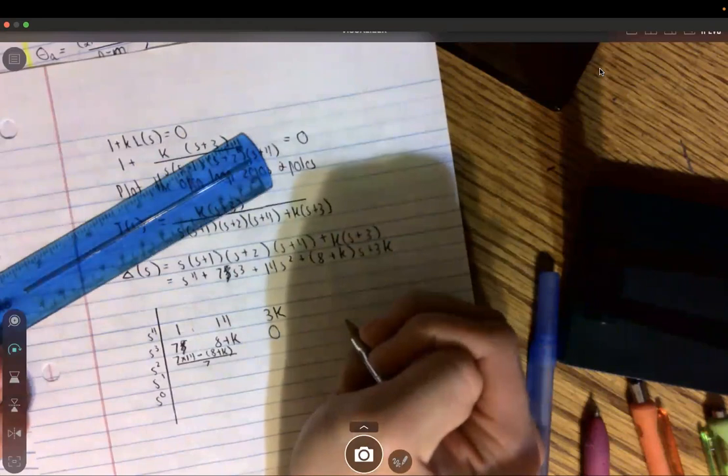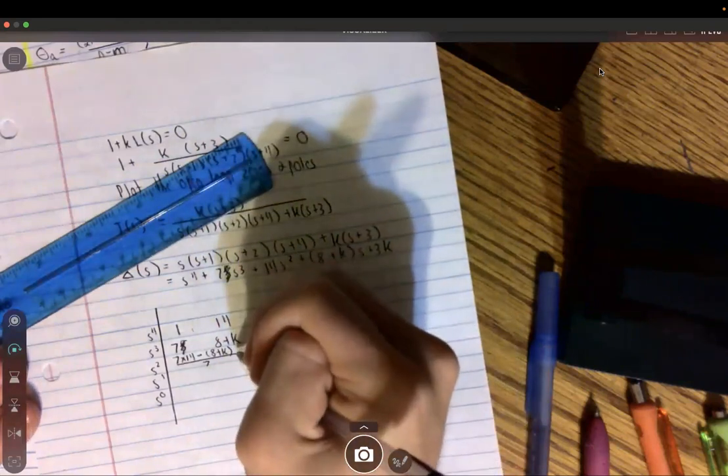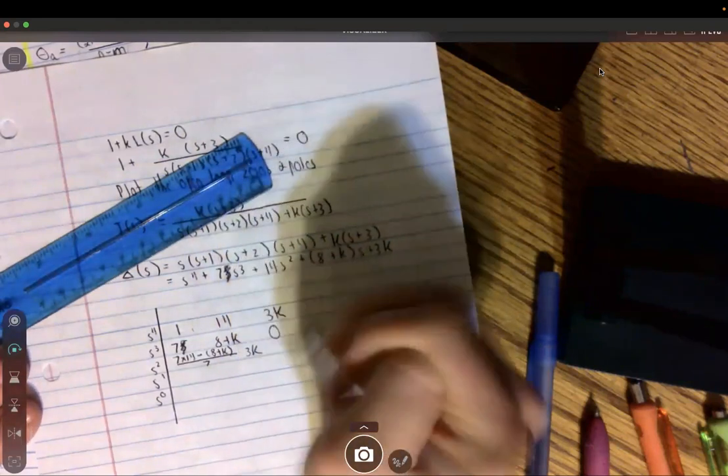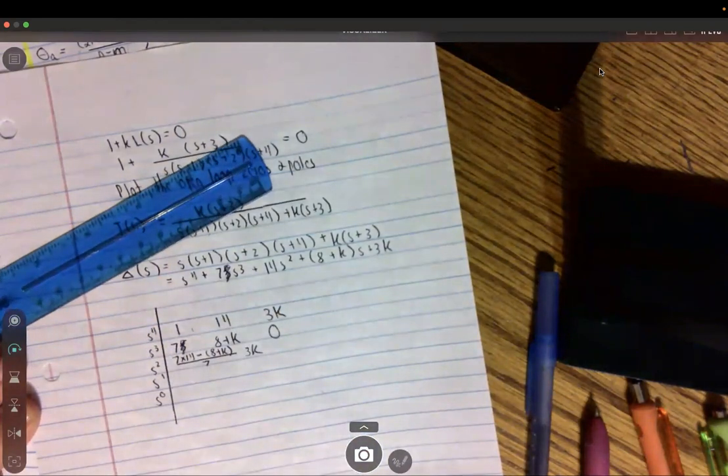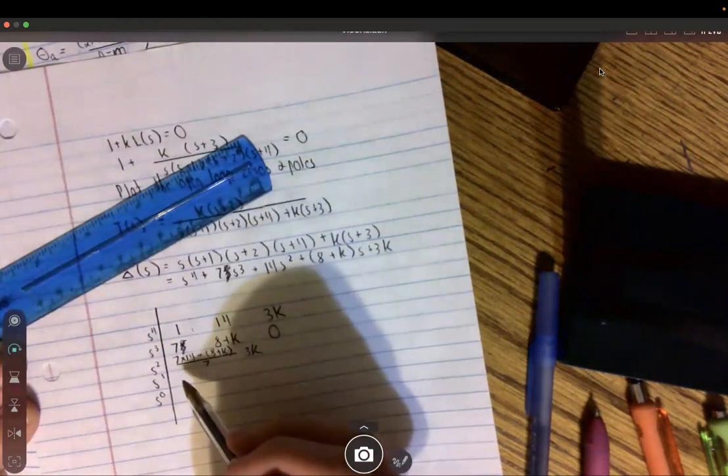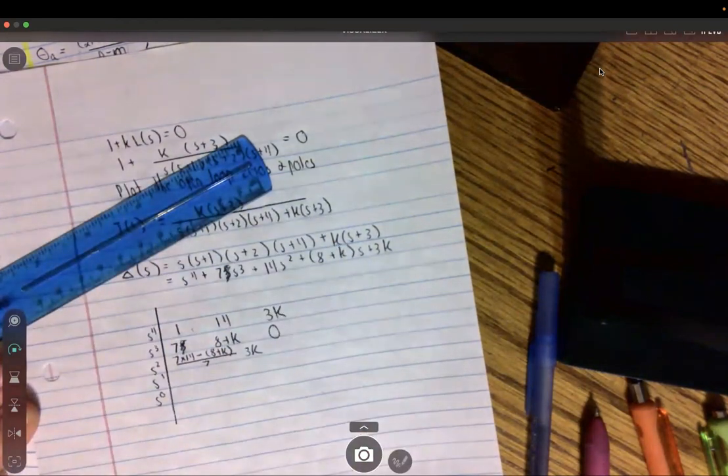And then for our next one, it would be 3K in that second row. Now after you do the math, the denominator is going to become a little more complicated.